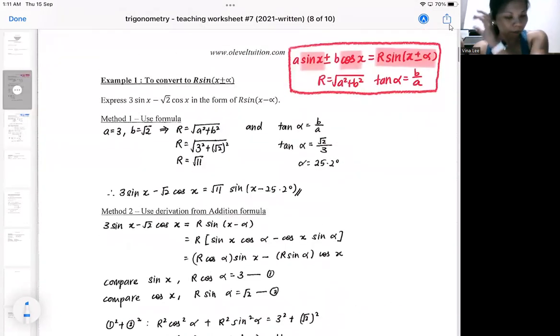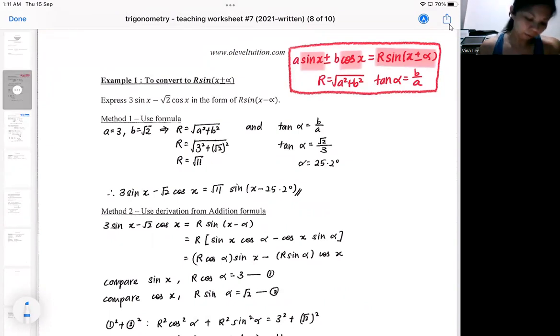Okay, so you realize that part of the formula involves A and B. A and B are the coefficients, regardless of the sign. Which means it doesn't care whether it's positive or negative. We just take the actual numerical value.